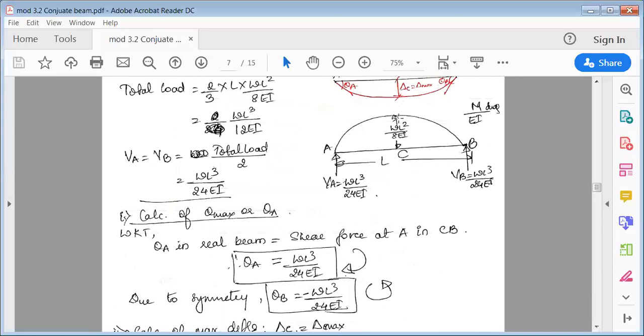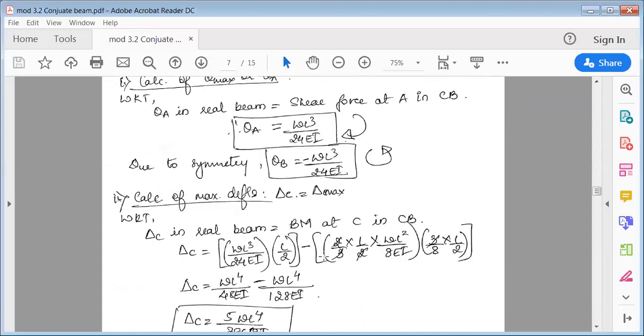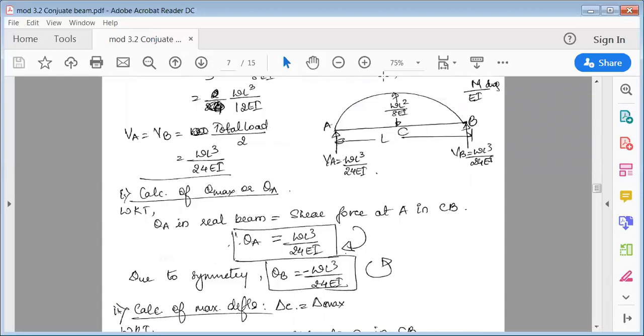Next, the area of this parabolic curve, again looking only at the left side of C. Because it's a parabolic curve, the area is 2/3 of base. Base is only L by 2. So 2/3 of L by 2 into height wL² by 8EI. Now this is the area.